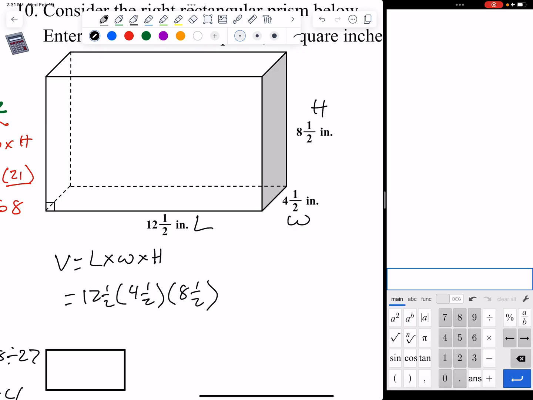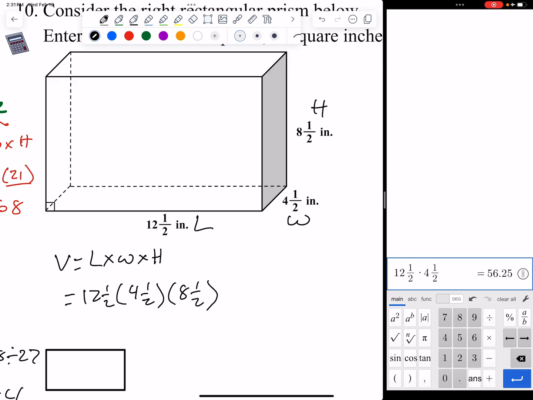So let's see. I got 12. Then I'm going to press the fraction button. And I'm going to put a 1, go to the right. Where is it? There it is. Okay, there's my half. Now I got to get out of there. I got to multiply that times 4, then press the fraction button, and I got a 1 half. So does it look the same so far? Yes, it does. Okay, so let me get out of the fraction.